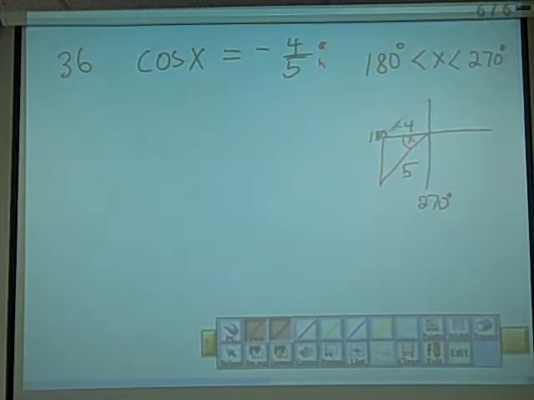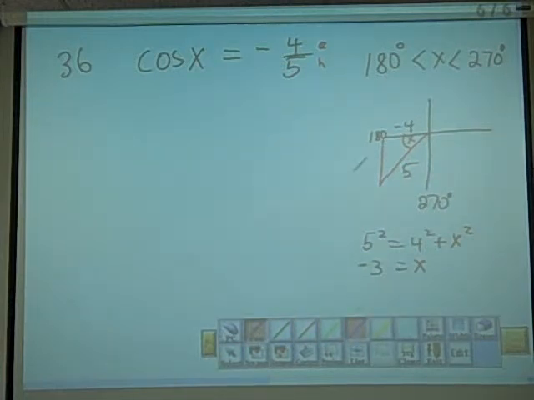But you can also see that we have a 3, 4, 5 right triangle. Okay? Some of you already know that, but let's go ahead and work this out. We got 5 squared equals 4 squared plus x squared, and we get x is equal to plus or minus 3, so this would be a negative 3 since we're in quadrant 3. Okay? Put that in blue.